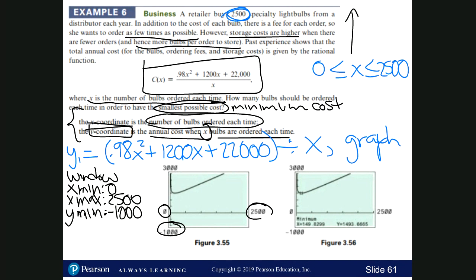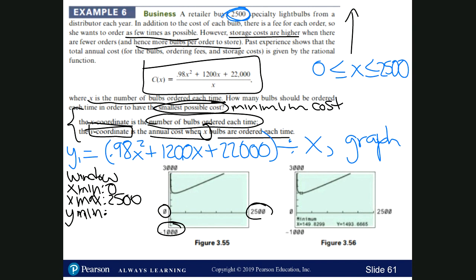However, talking about the smallest possible cost, to me it would actually be better if we just make this a 0. Because in reality, we don't really care about what happens on the negative y values.